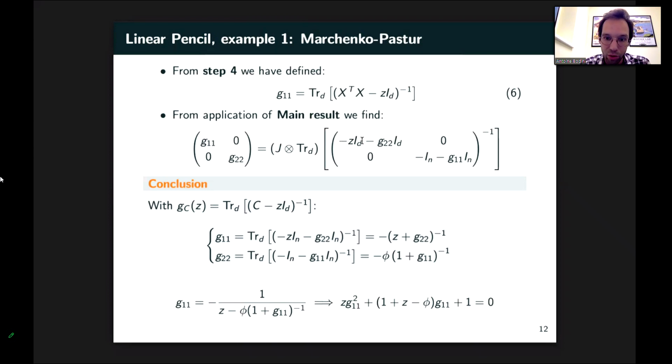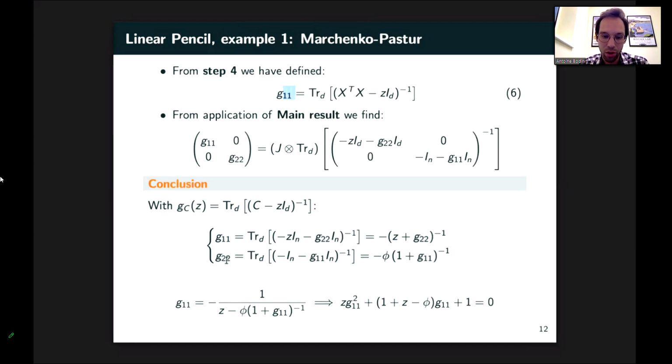So you have the trace of minus Z identity minus J22, so this is this matrix to the -1. So you get back minus Z plus J22 to the -1. And for J22, you get minus phi 1 plus J11 to the -1. But again, the term that we are really interested in is J11.